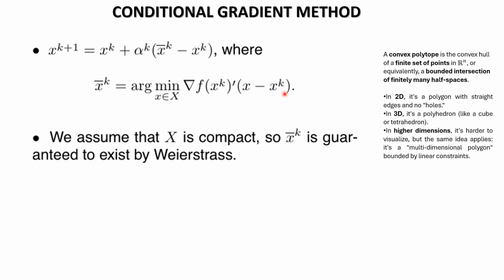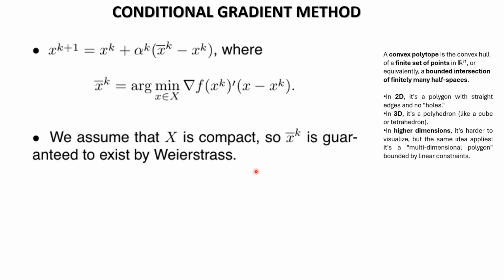And this minimization is done over the feasible set X, which is often a convex polytope in applications like traffic flow, resource allocations, and so on. So x bar k is a solution to the linearized problem at step k. It gives us a direction that best improves the linear approximation of f while staying feasible.